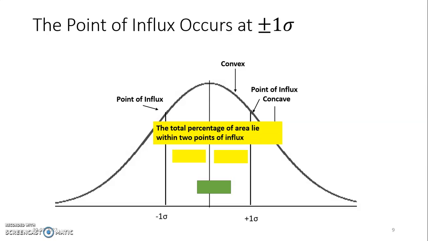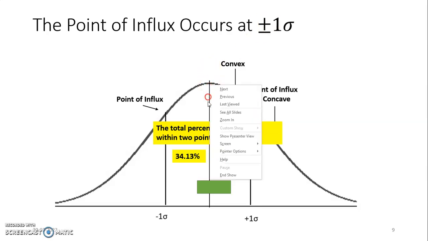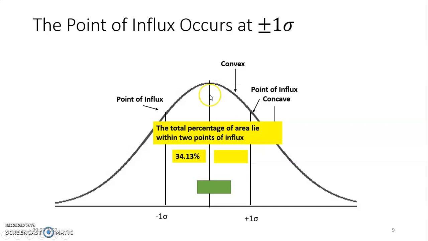And the total percentage of area lies within these two points. Between these inflexion points only, the total percentage area lies. That is 68.26%. If you see from this straight line, from the mean, median, mode, where they coincide, where it is maximum, from this line to minus 1 sigma, the area covered is 34.13%.